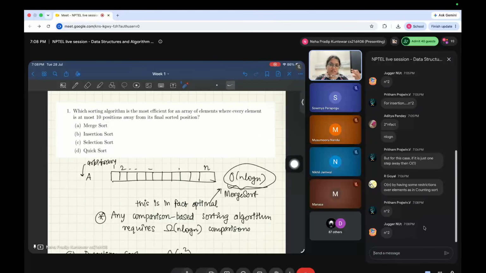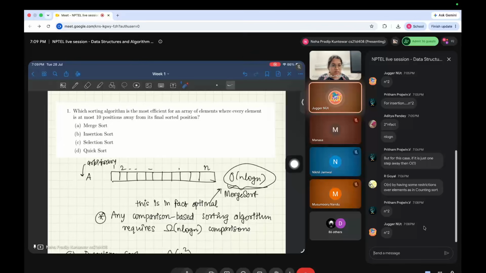Given this extra information, merge sort will still give you n log n time, because you keep on doing divide and conquer. But if you use some other algorithm, can you do better than n log n given that you have this extra promise?